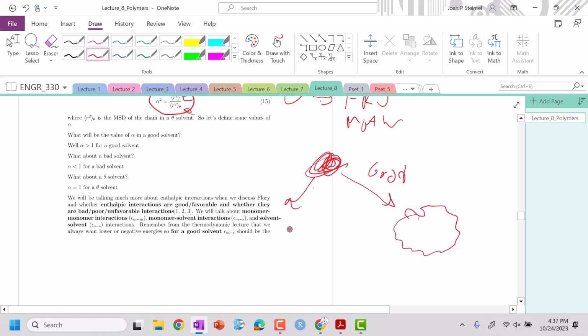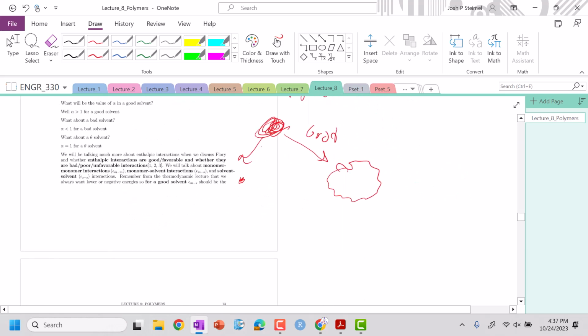And if I put it in a bad solvent, it'll collapse. Now, what's happening here? Once I add solvent, I am going to have the following interactions. I'm going to have an interaction for monomer-monomer. This is not strain, it's just interaction energy. Interaction energy for monomer-solvent and interaction energy for solvent-solvent.